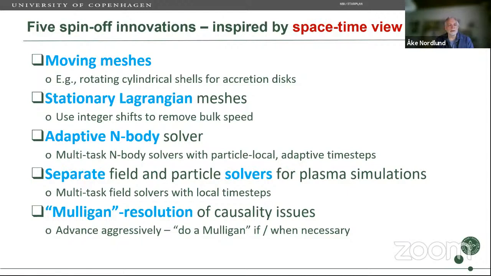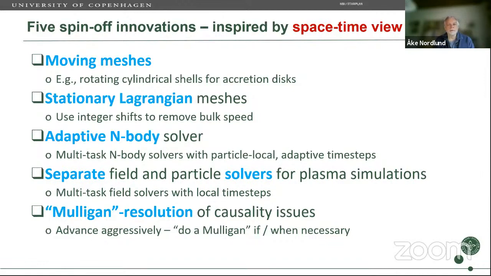Another offspring is an adaptive n-body solver. If you look for n-body solver talks, you'll find Volker Springel's talks on the net, and he always has this illustration of an adaptive n-body solver, because it's very difficult to make it reflective in time.